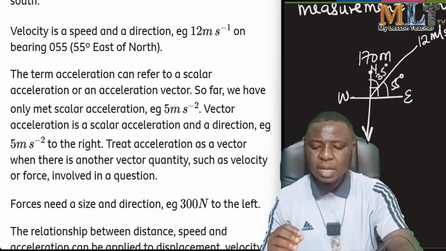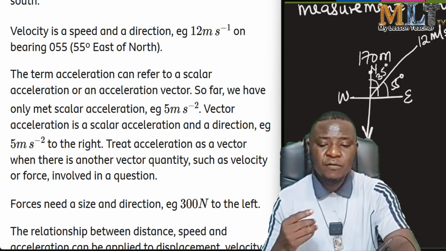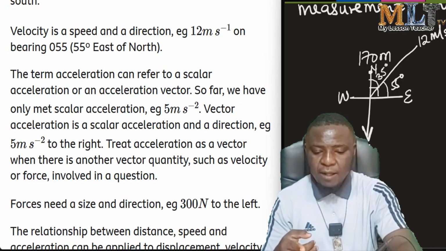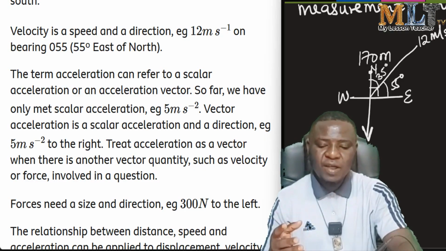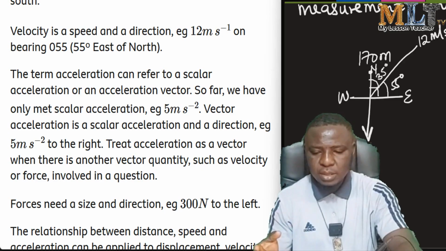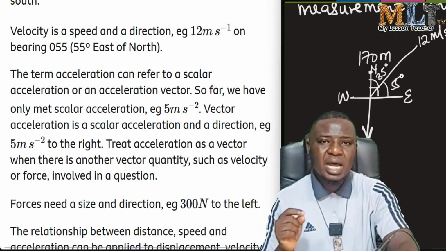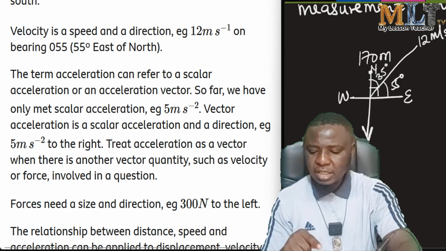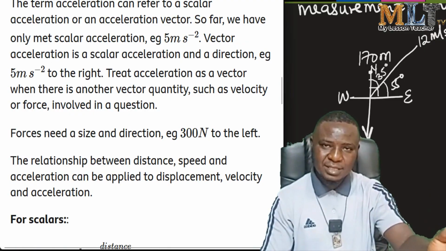The term acceleration can refer to a scalar acceleration or an acceleration vector. So far, we have only met scalar acceleration, that is 5 meters per second squared. Vector acceleration is a scalar acceleration and a direction. Example, we have 5 meters per second squared to the right.